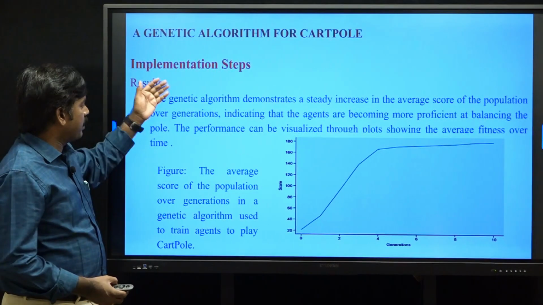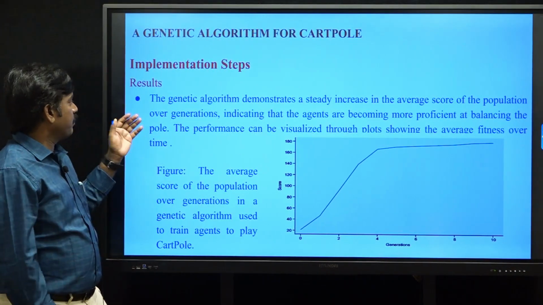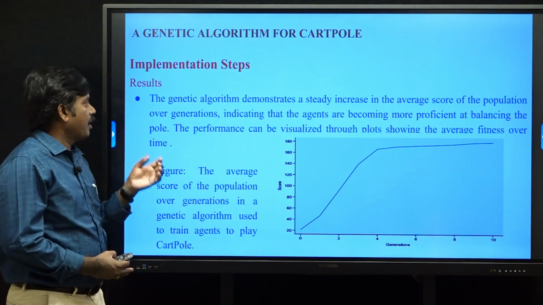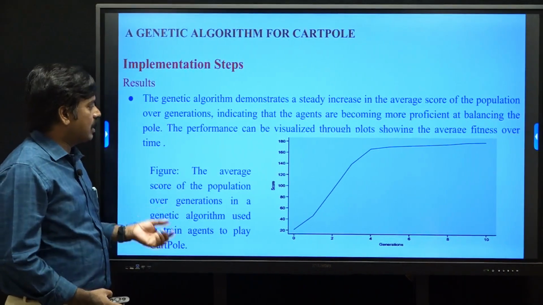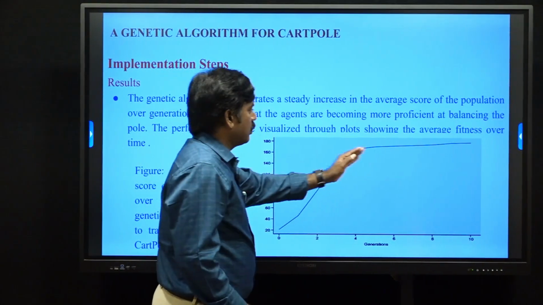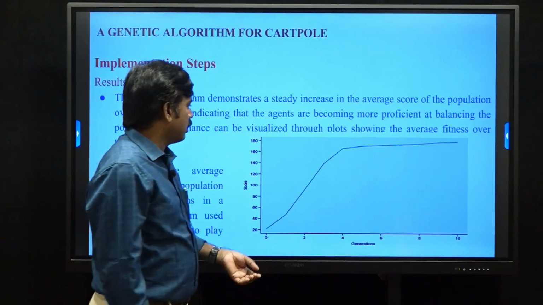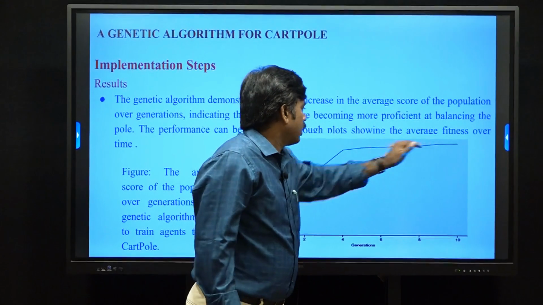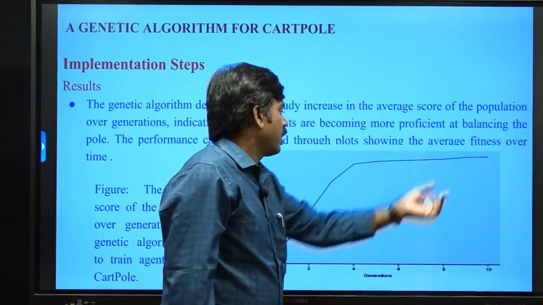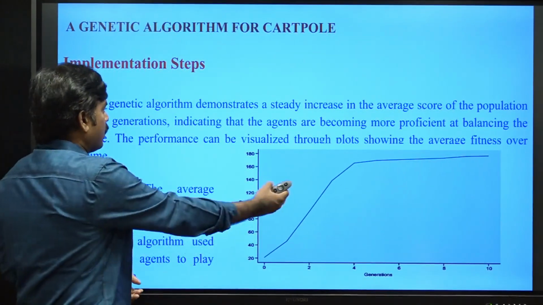We applied these implementation steps to Cartpole with the genetic algorithm. This gives the best result after the fourth generation. The good performance is visible in the plot.